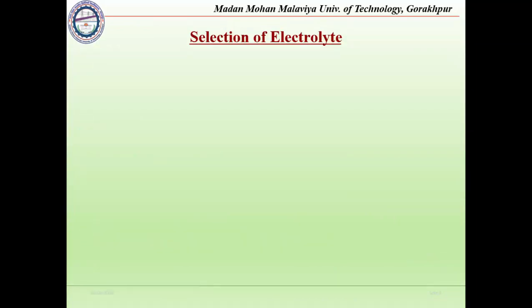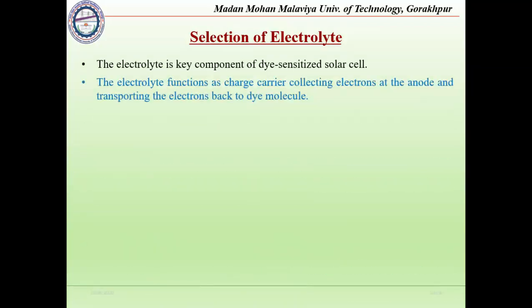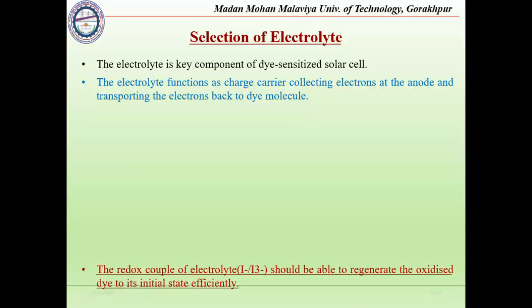Selection of electrolyte. Electrolyte is a basic component in the dye-sensitized solar cell. The electrolyte functions as a charge carrier, collecting electrons at the anode and transporting the same electrons back to the dye molecule.